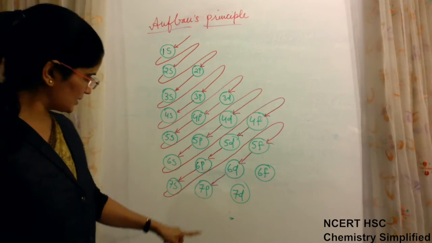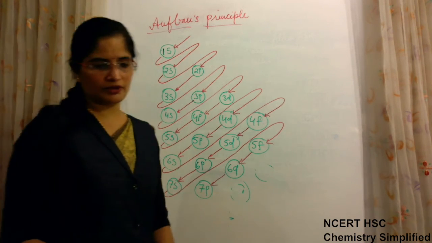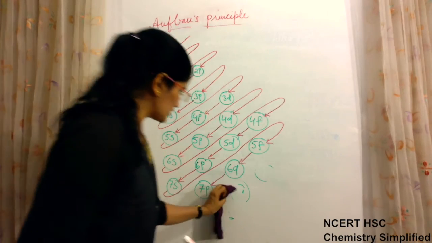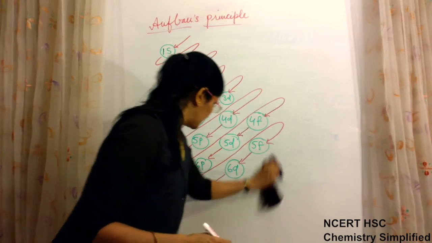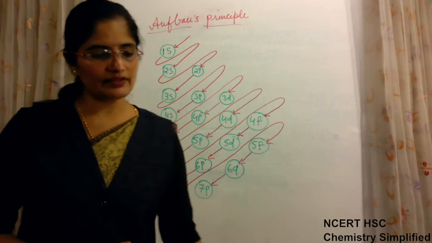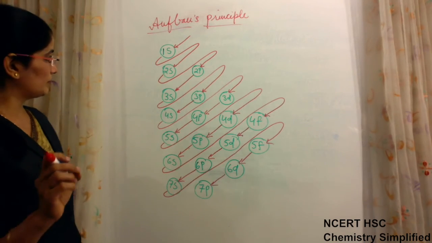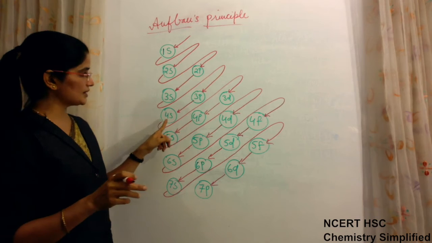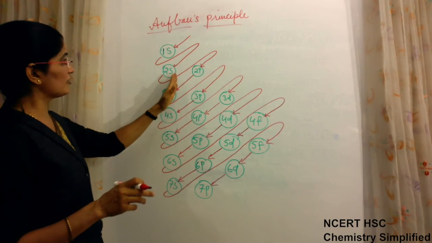I told you that this and this will not be filled, because there are no electrons to be filled in these, so it ends here in this energy level diagram. But the very important thing when you make this energy level diagram is to give proper spacing.